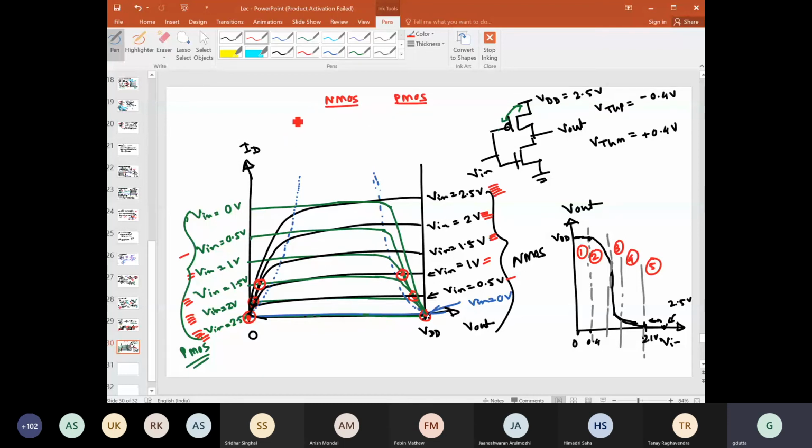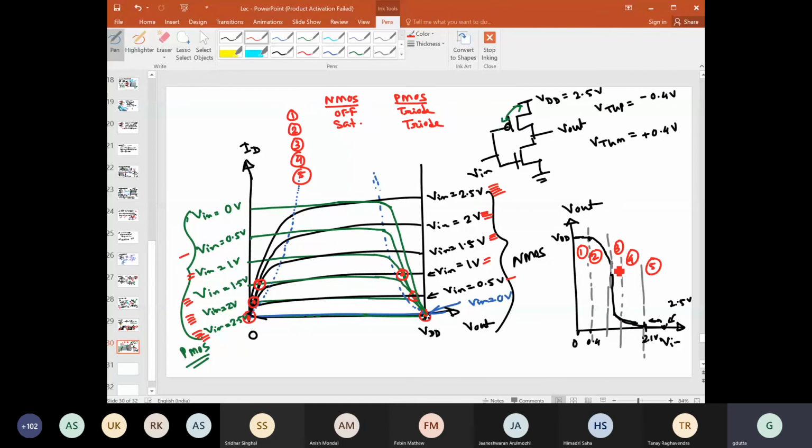In region 1, this NMOS is off, and this PMOS is in the triode region. In region 2, the NMOS transistor is in saturation, and the PMOS transistor is still in the triode region.